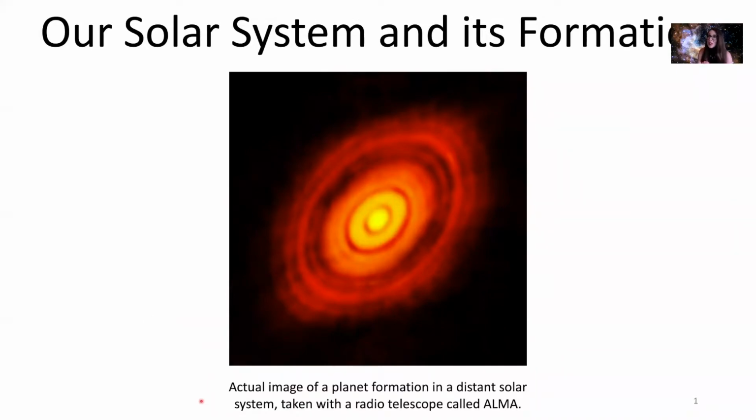This image was the very first picture taken of planet formation in another solar system, and we have more of them since then. So this distant solar system was captured with a radio telescope called ALMA. It's called the Atacama Large Millimeter Array. It's looking in radio wavelengths to capture this planet formation.